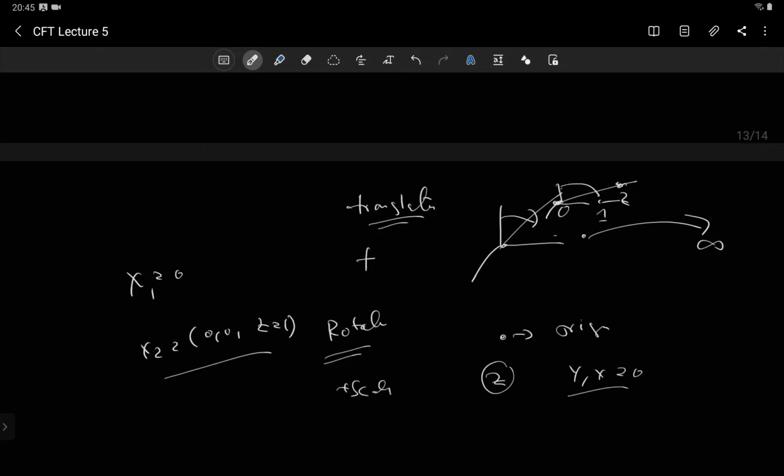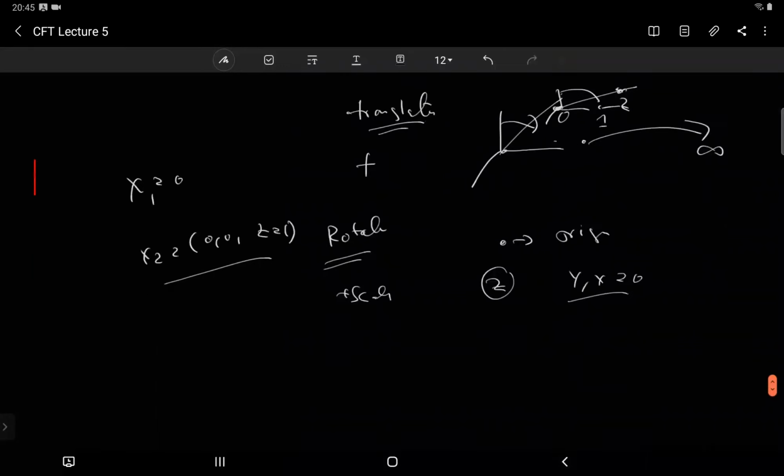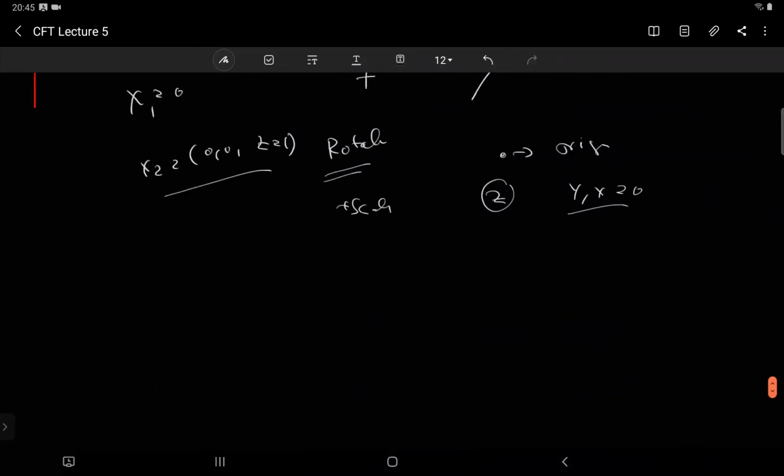So you can put one point at 0, one point at 1, and the third point you can move to infinity. So right now, just a statement that you can fix the value of 3 points. Why it will be important, we will see when we do correlation functions in the quantum theory.